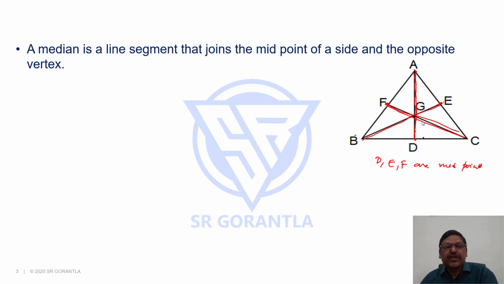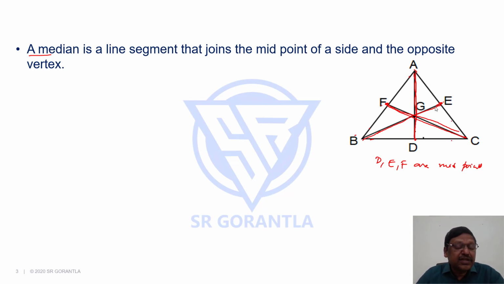So the line segment that joins the midpoint of a side and the opposite vertex is called a median, right? So AD is a median drawn to the side BC, CF is a median drawn to the side AB, BE is the median drawn to the side AC.